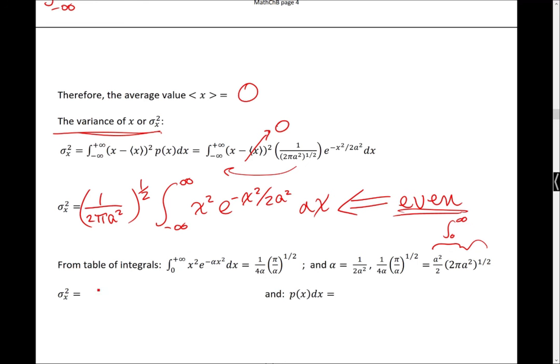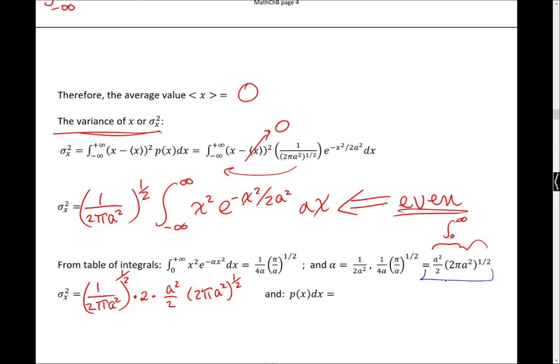So sigma squared: there's my constant, 1 over 2 pi a squared to the 1/2, multiplied by 2. Now I can bring in my integral. That's going to be a squared over 2 times 2 pi a squared to the 1/2.